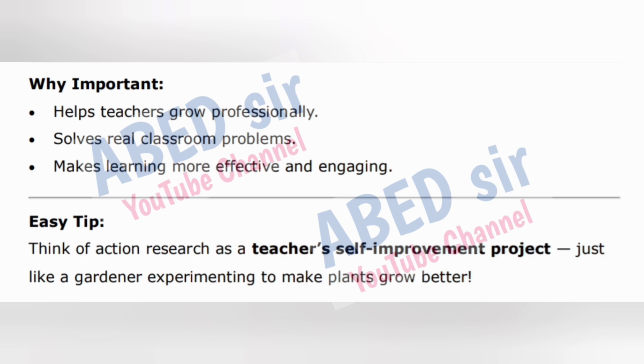Why important? Helps teachers grow professionally. Solves real classroom problems. Makes learning more effective and engaging. Easy tip: think of action research as a teacher's self-improvement project, just like a gardener experimenting to make plants grow better.